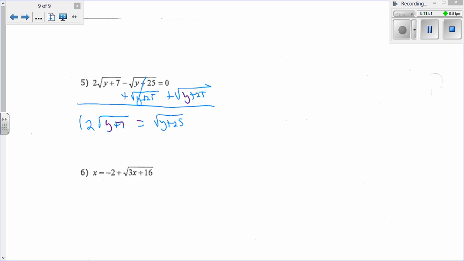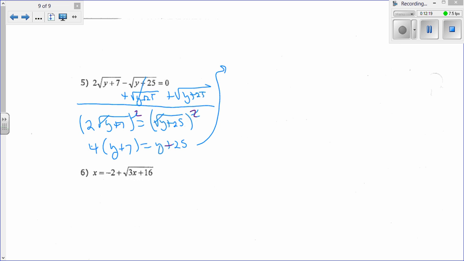Now that I have my radicals alone, I can square both sides. And I'm going to have to square the 2 in front, so I get a 4. And then parentheses y plus 7, because the square and the square root cancel each other out. On the other side, my square and square root cancel each other out, so I have y plus 25.